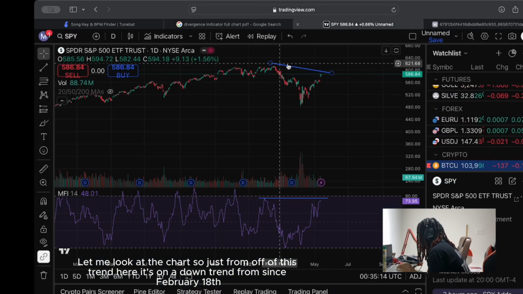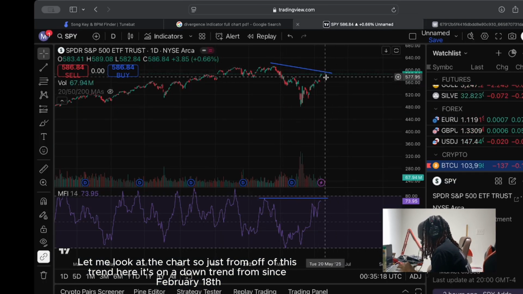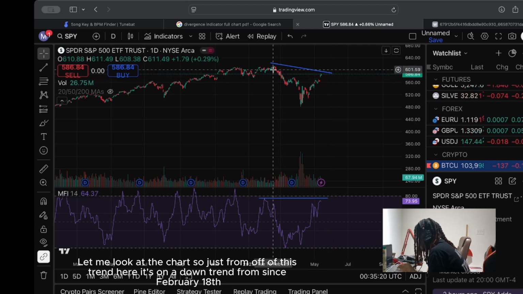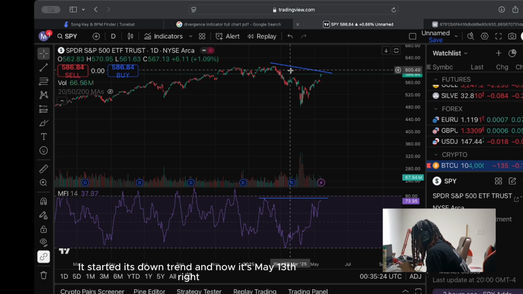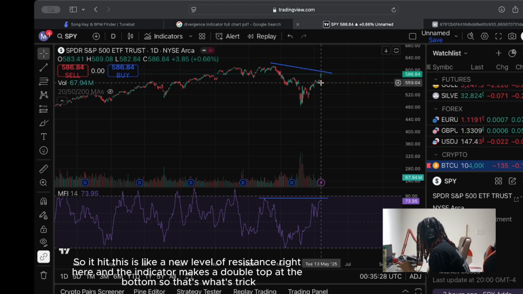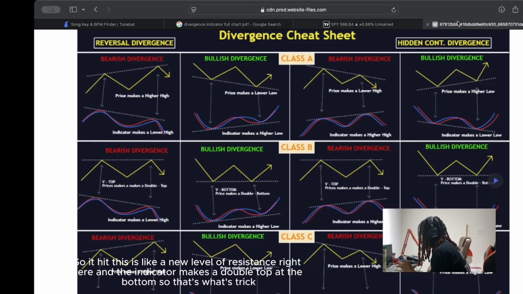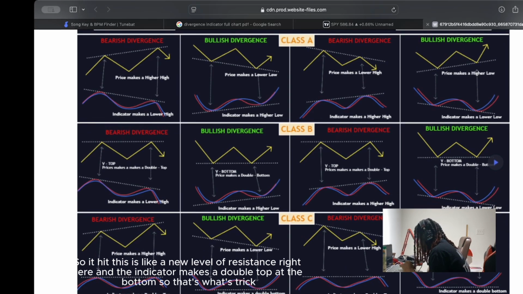Just from this trend here, it's on a downtrend since February 18th. It started its downtrend, and now it's May 13th, right? So it hit a new level of resistance right here, and the indicator makes a double top at the bottom.